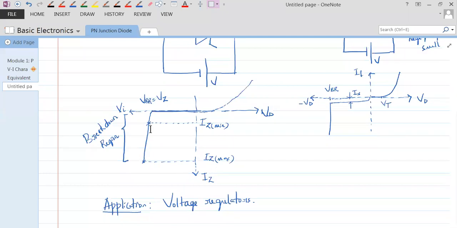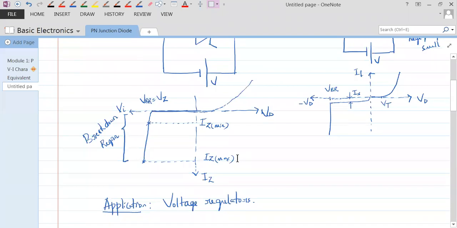Iz minimum, Iz maximum. Why do we have to specify that? What is the purpose of specifying Iz minimum and Iz max in this particular characteristic? I said the Zener diode can withstand this breakdown current, but there is a limit. What is that limit which we should not cross? That is what Iz minimum and Iz maximum are telling us. That limit is Iz max.